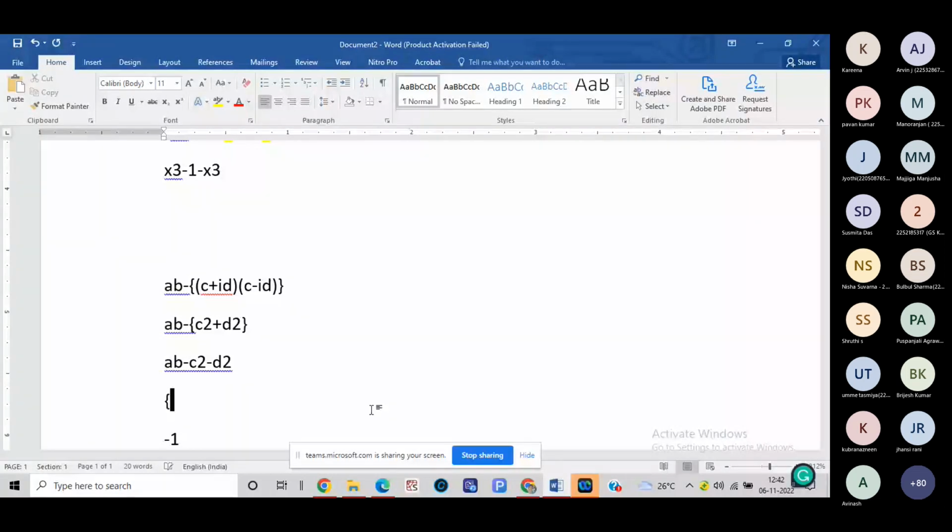You write the flower bracket, you open, you will get what? A alpha. I write alpha because I should insert the alpha symbol.